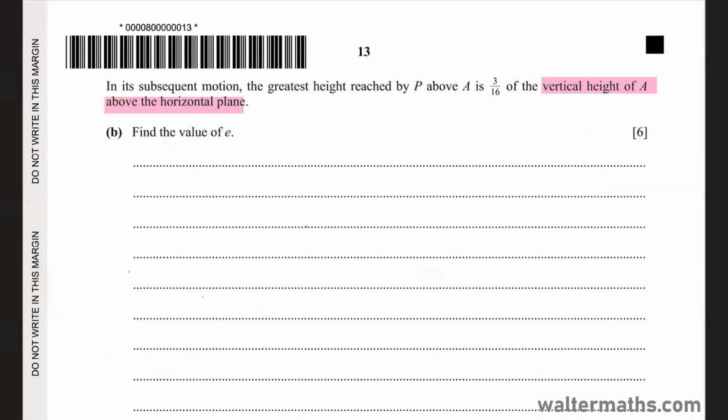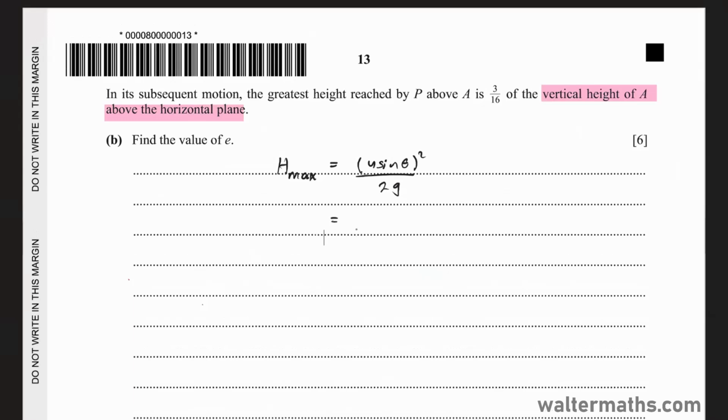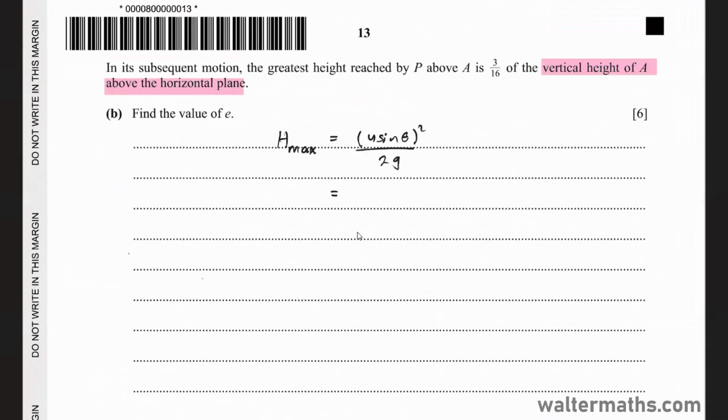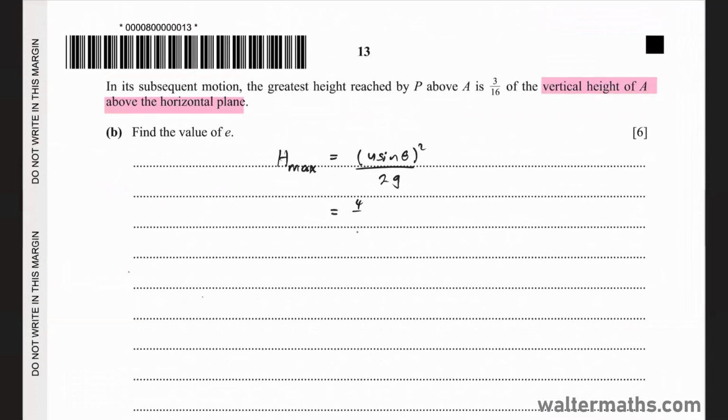So that's H max, which we calculate as u sine theta squared over 2g. In this particular case, sine theta is 4/5, so it's 4/5 of u squared divided by 2g.